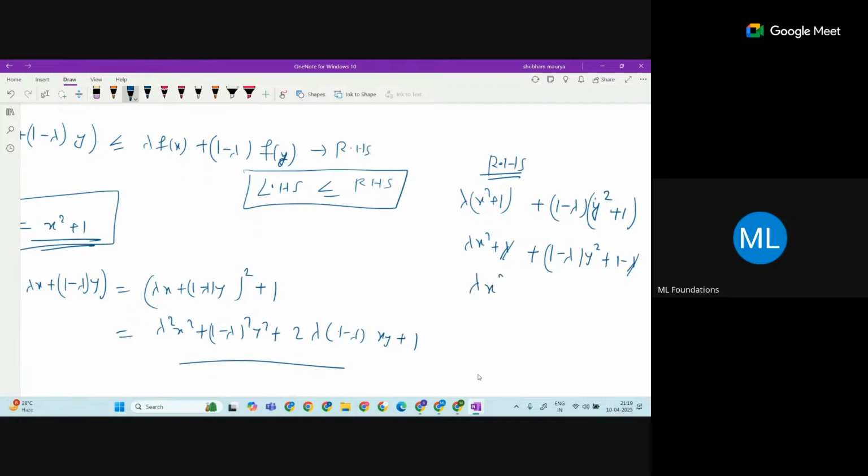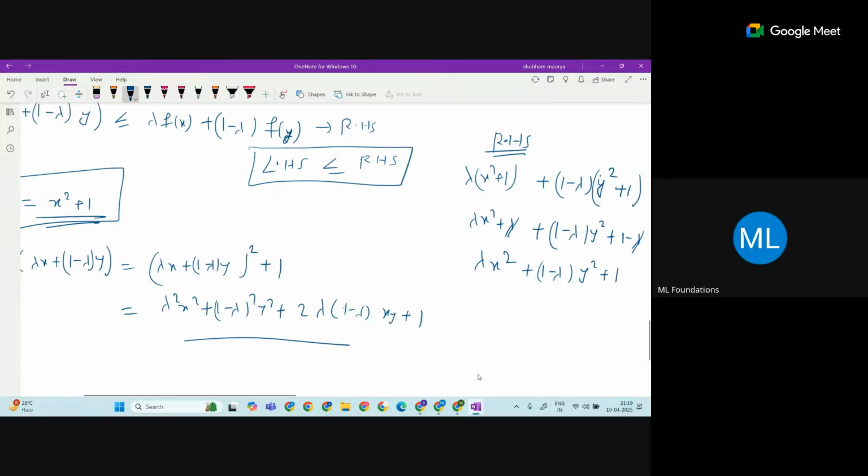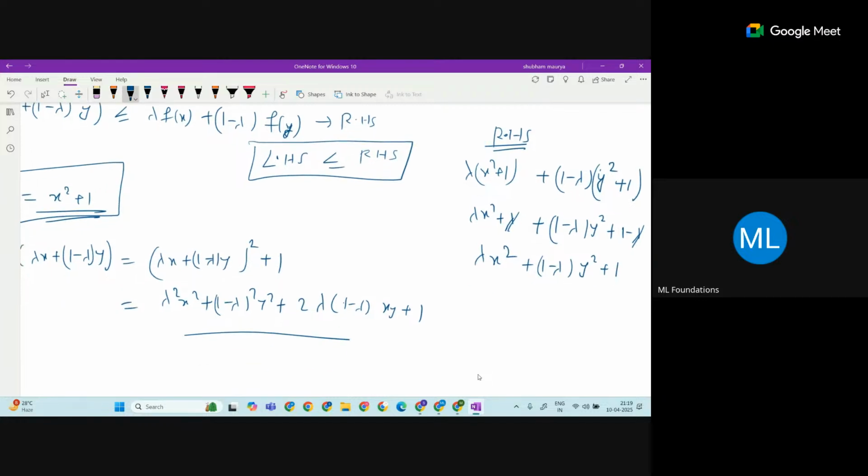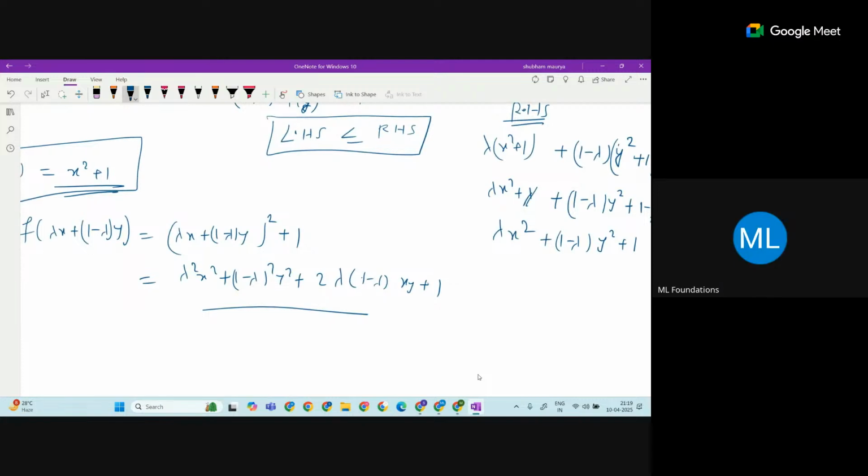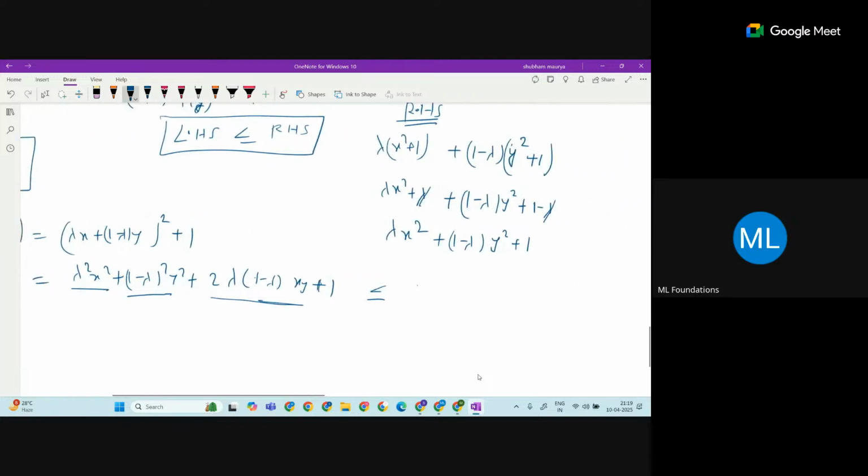Finally we have lambda x square plus 1 minus lambda y square plus 1. This is the right hand side. And here we have lambda square x square, lambda (1 minus lambda) x y, 1 minus lambda square y square, and plus 1. So is this less than or equal to this one? How to decide here?